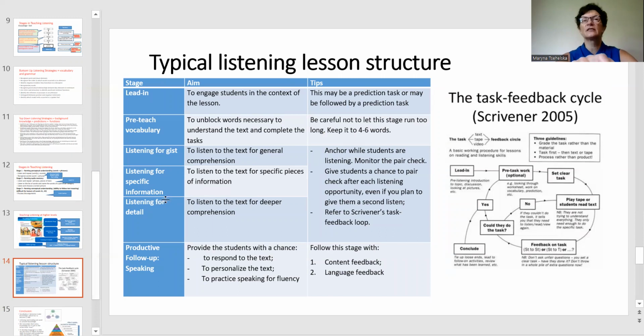Then you listen for specific information, and finally, for the third time, you may listen for detail.